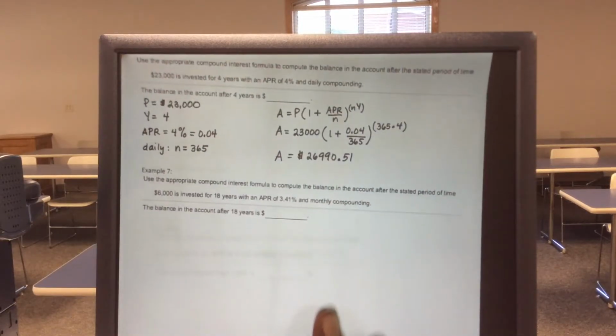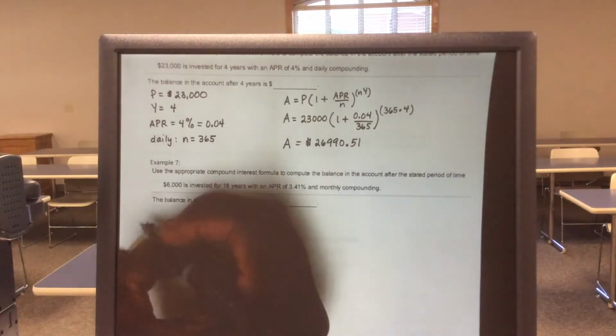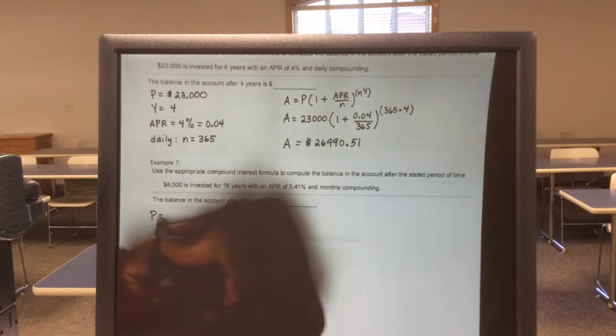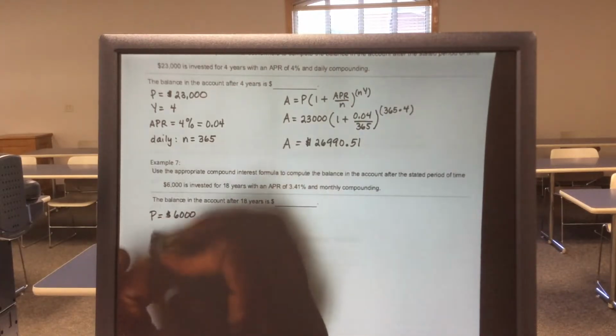Okay, example 7. We've got $6,000 invested for 18 years with an APR of 3.41%, and this time it's compounded monthly, and we want the balance in the account after 18 years. So now our principal, which is your P, is $6,000.